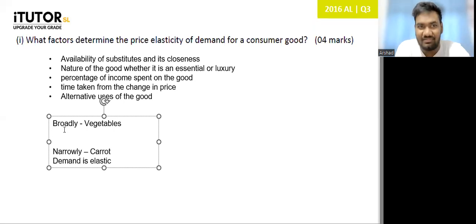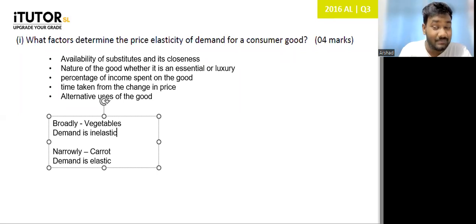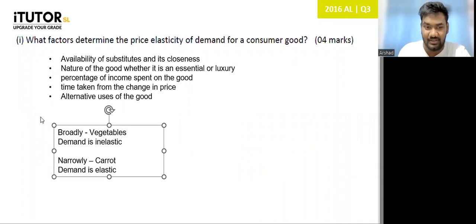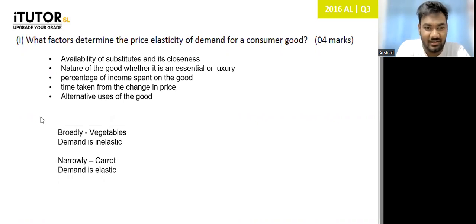Therefore, demand is inelastic. So if the good is broadly defined, if you say vegetables, then demand is inelastic. If you narrowly define, it's elastic. It's not a main thing, but it's also a factor. Is that okay? The one who had the question on how it's defined. Okay.